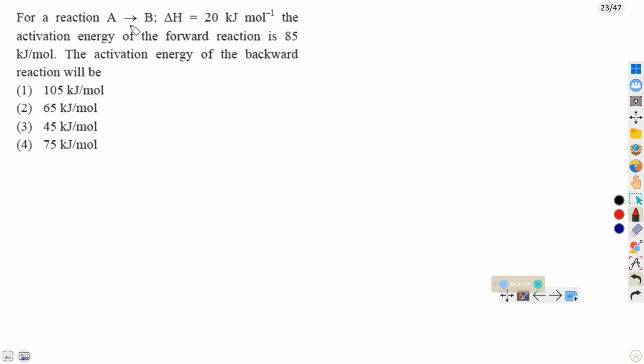For a reaction A gives rise to B, delta H is equal to 20 kilojoule per mole. The activation energy of the forward reaction is 85. The activation energy of the backward reaction will be, delta H is equal to, what is the formula?